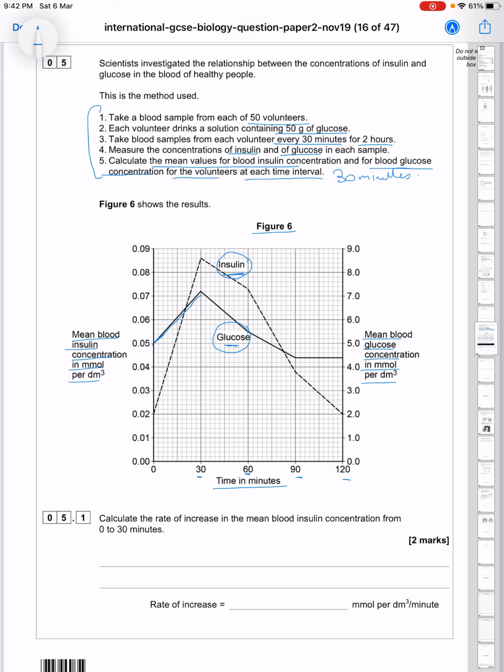Now let's check the first question. It needs you to calculate the rate of increase in the mean blood insulin concentration from 0 to 30 minutes.